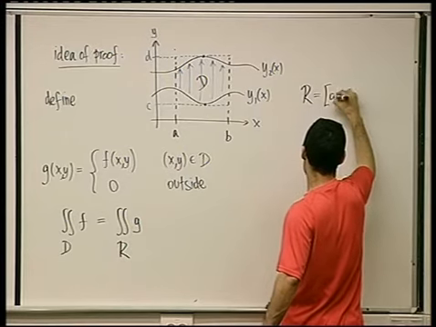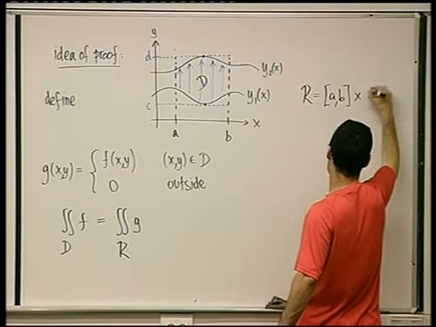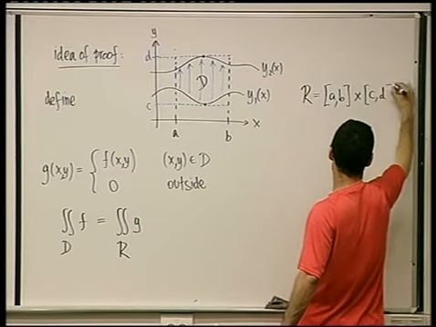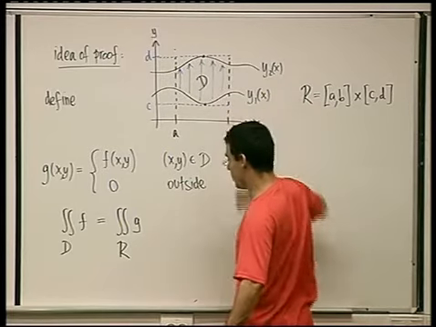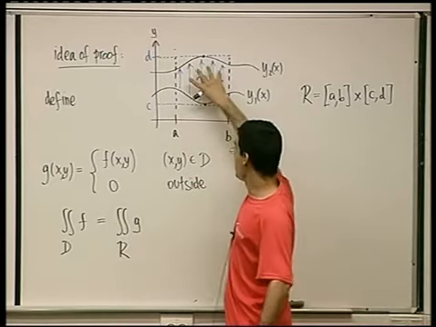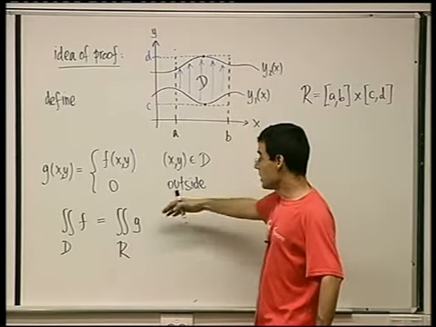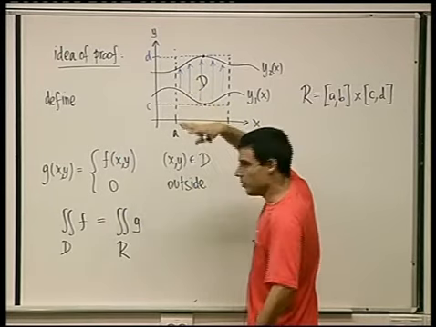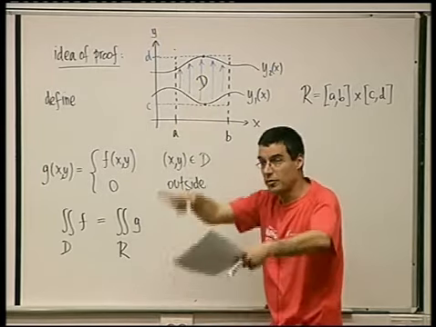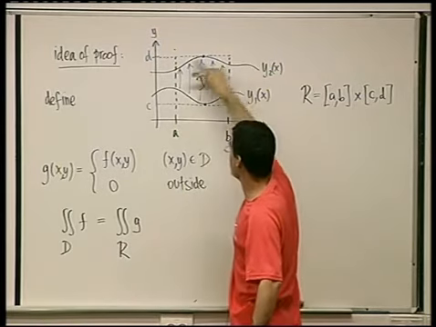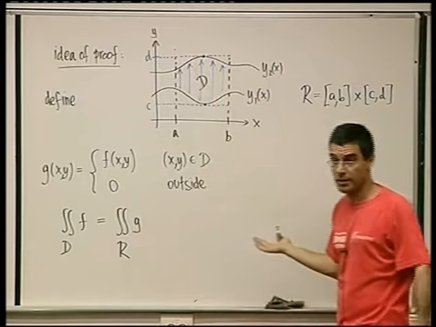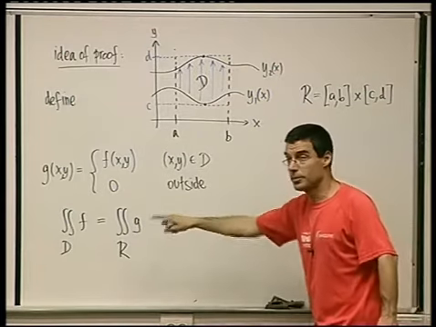R is now [a,b] times [c,d]. R is this entire rectangle. The integral of f on D is the same as the integral of g on the bigger rectangle, because I'm adding volumes under the graph of g, but g is the zero function outside, so it contributes nothing. Do you agree to this?